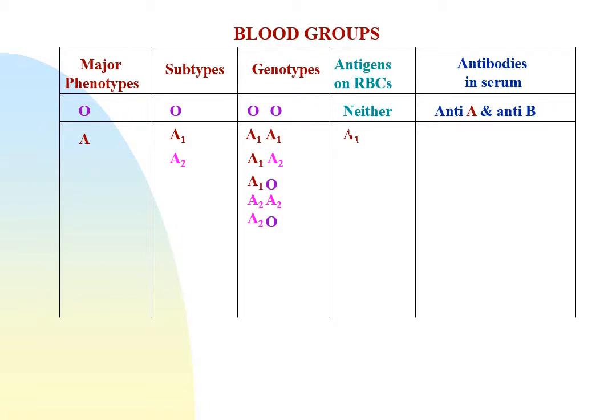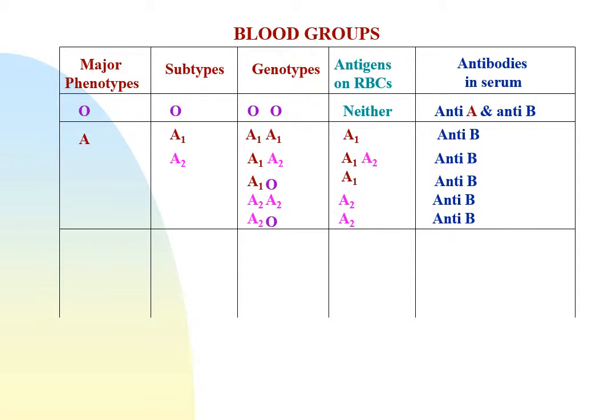The antigens present on RBCs are either A1 or A2, or sometimes a combination of both A1 and A2, as O has no antigens on RBCs. The antibodies present in the serum for all the subtypes are antibodies for B group.